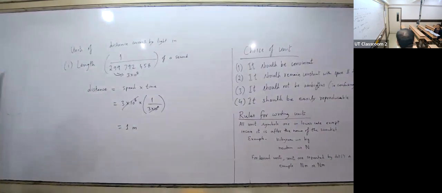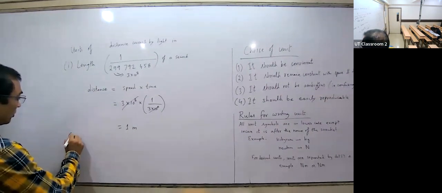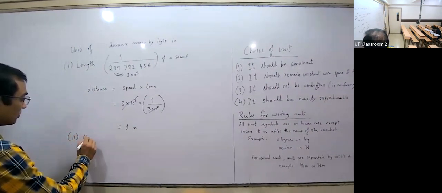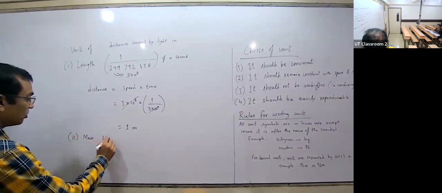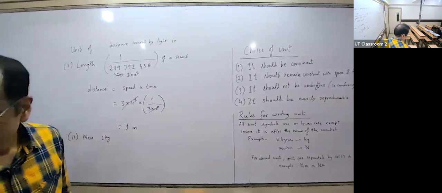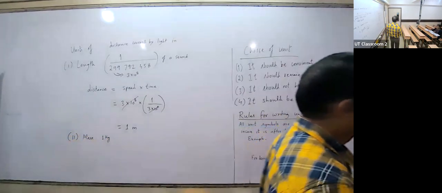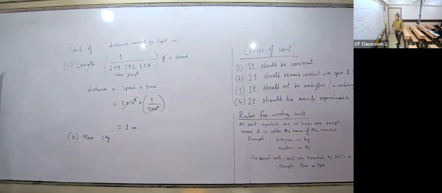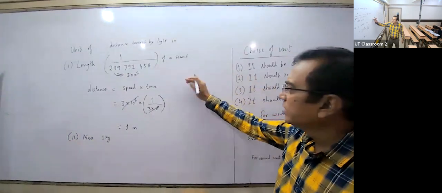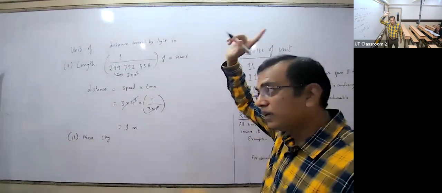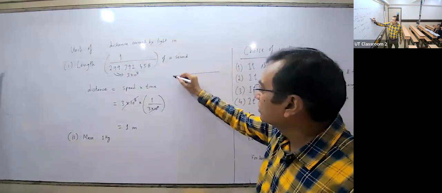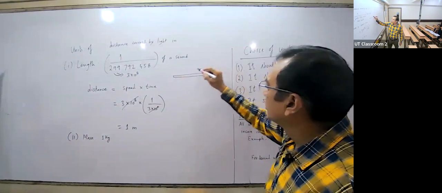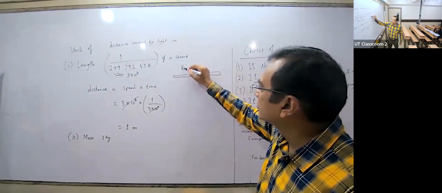Now, next is the unit of mass. So, that is what is 1 kilogram. That's what we want to know. This is a more recent definition. Initially, at that 1960 conference, they had one reference rod made up of platinum and iridium alloy.